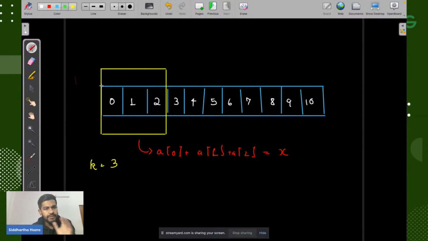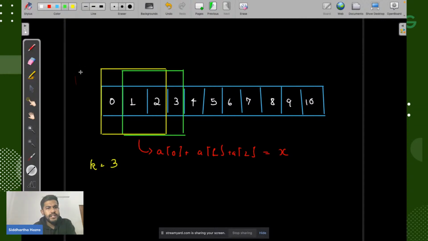So the next window would be like this. What is the difference between the next window?